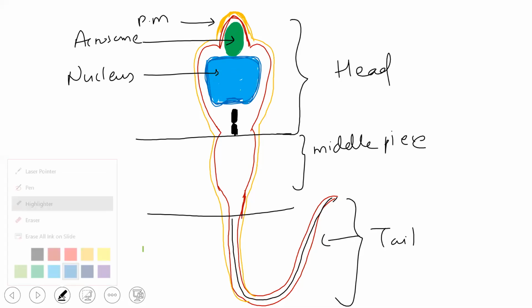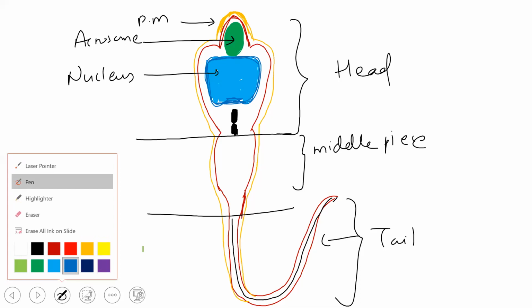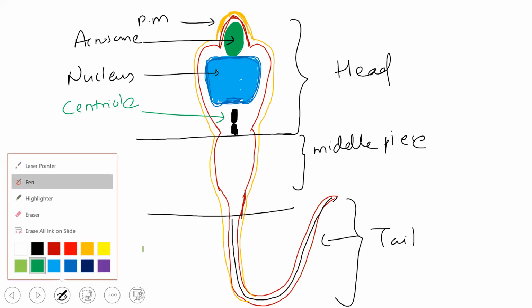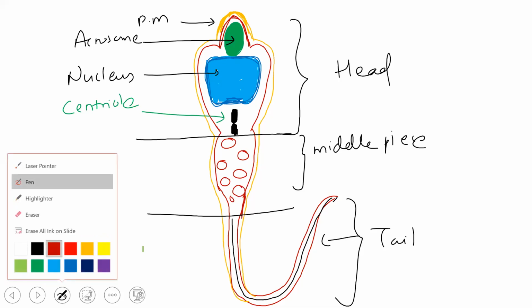Then this part which you see, these are centrioles. Over here, mitochondria will be arranged in a spiral arrangement in this manner.